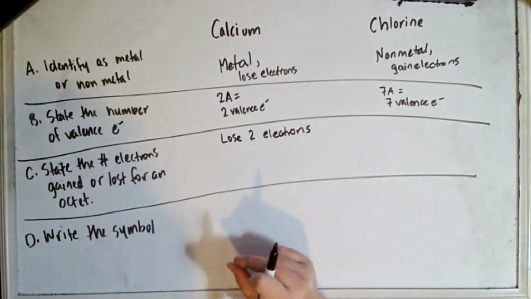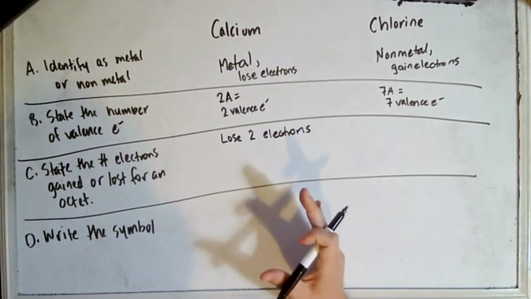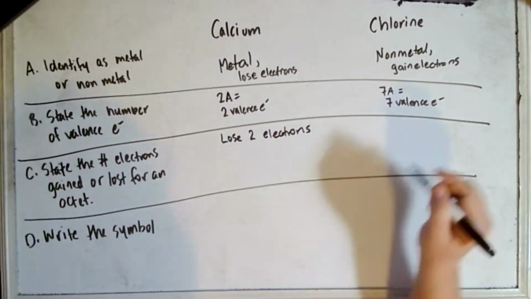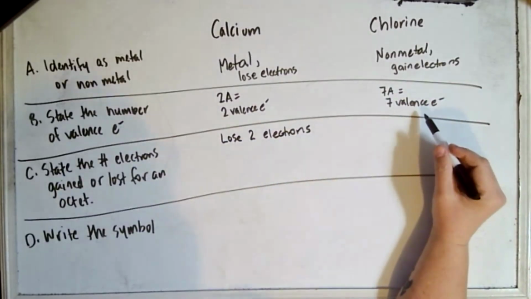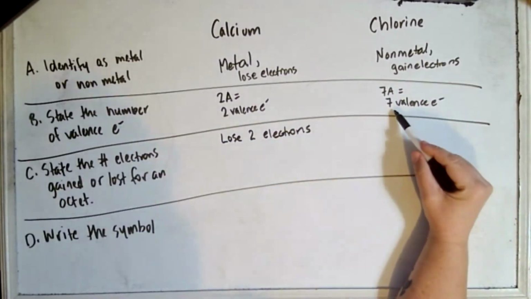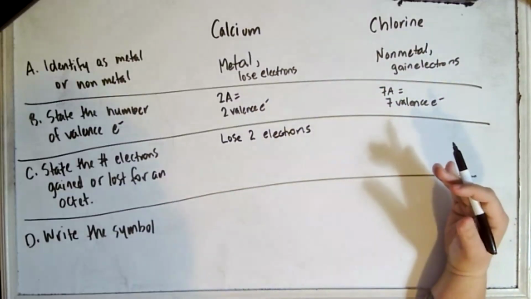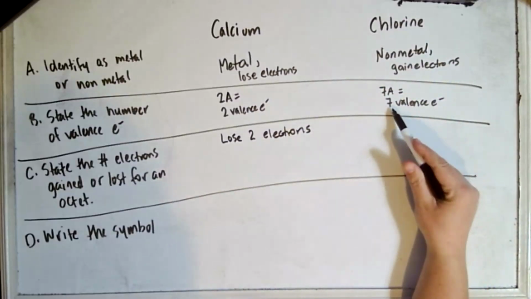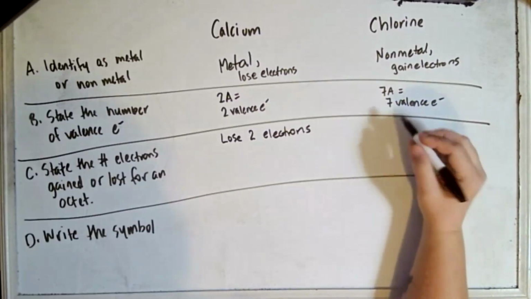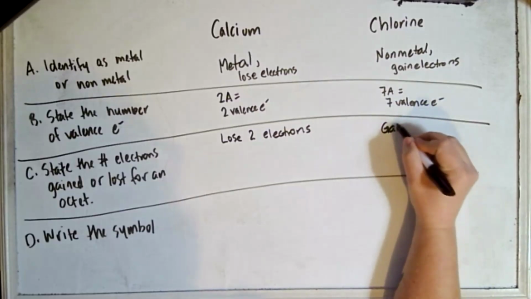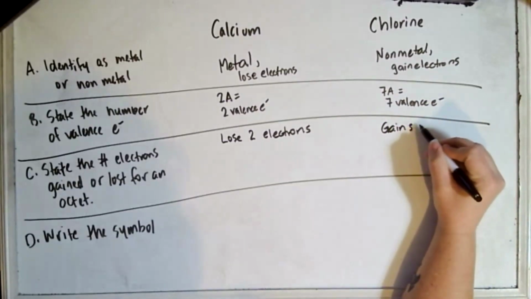So when it loses its 2 valence electrons, now it's going to have a full octet. For our nonmetals, they want to gain the number of electrons that gets them up to 8 instead. So chlorine has 7 valence electrons. It's going to gain 1 more electron to get to 8.